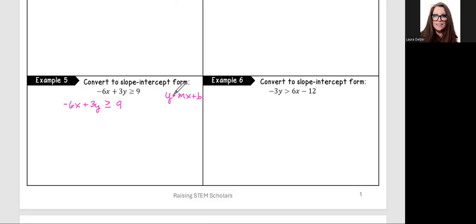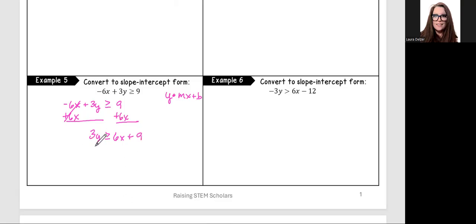Okay, it's going to have some sort of symbol right here, but we got to have our y on one side by itself. So I'm going to move this over. This cancels. I've got 3y greater than or equal to 6x plus 9.